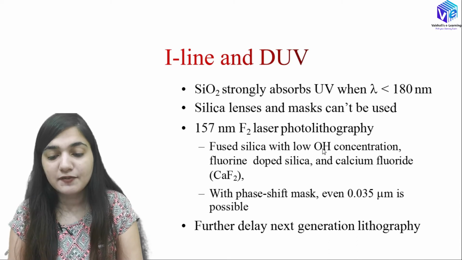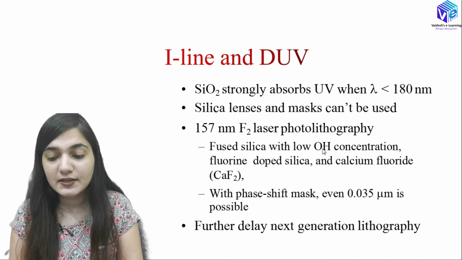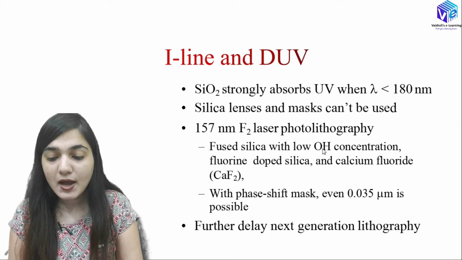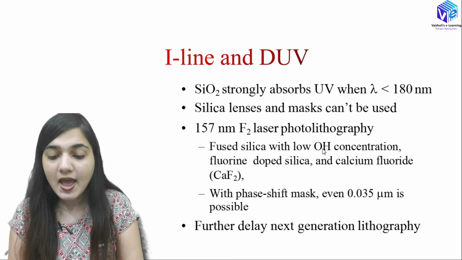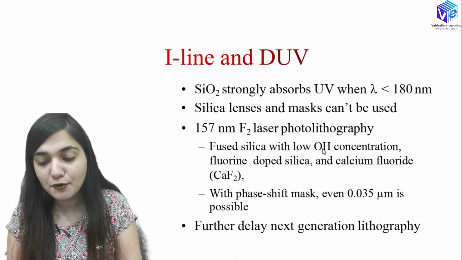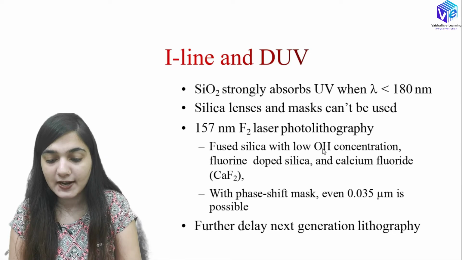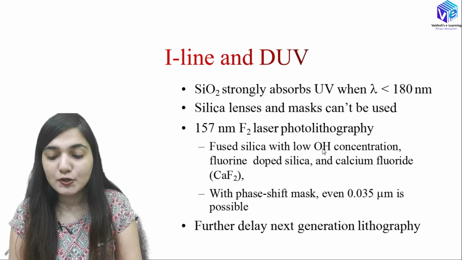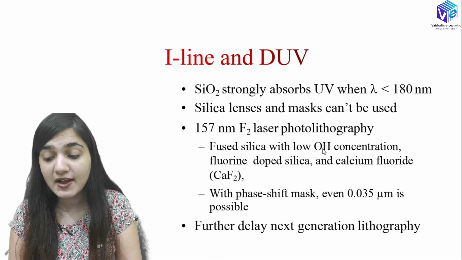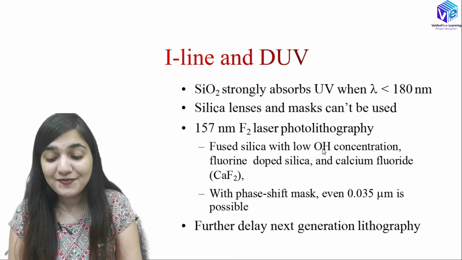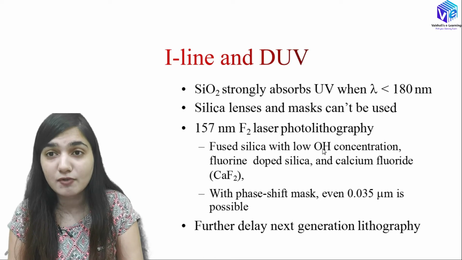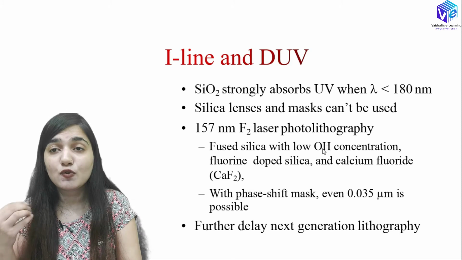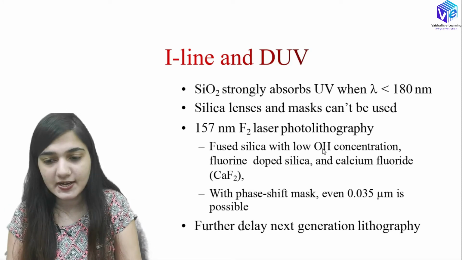With this I can use the phase shift mask as well, and I can reach up to 0.035 micrometer. So now we can have the next generation lithography also. We can have that much small feature size, very compact structures, very compact transistors.